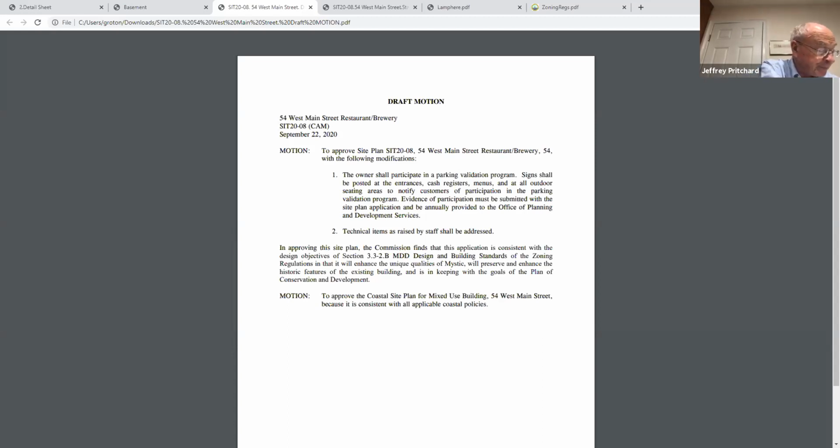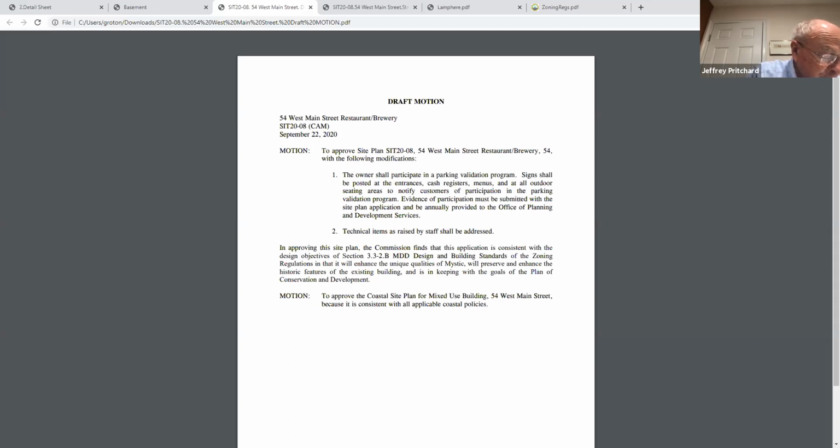Okay, I'm going to make a motion then, see what happens with it. Motion to approve the site plan SIT 20-08, 54 West Main Street, Restaurant Brewery, 54 Brewery with the following modifications. One, the owner shall participate in a parking validation program.